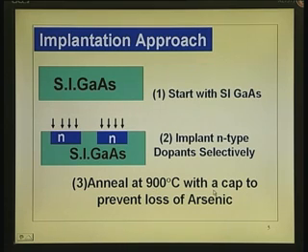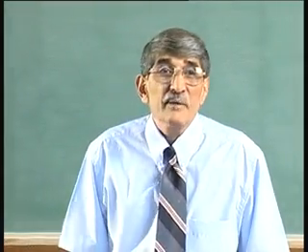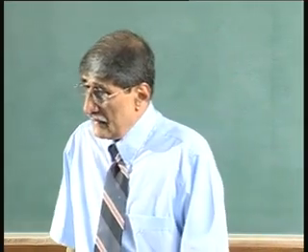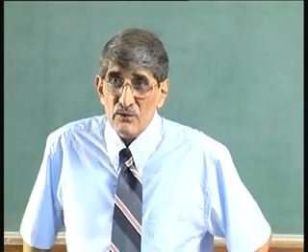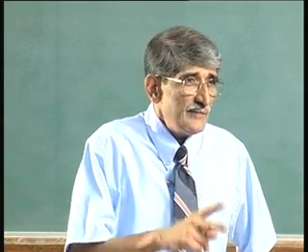And you can't think of annealing so simply. Silicon annealing you won't care. 900, that's perfectly all right, there is no problem, because the vapor pressure of silicon is very low, you don't lose it. In the case of gallium arsenide, you have got two species, gallium and arsenic.